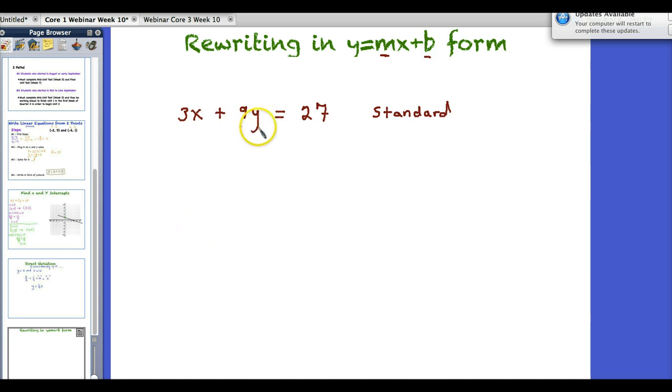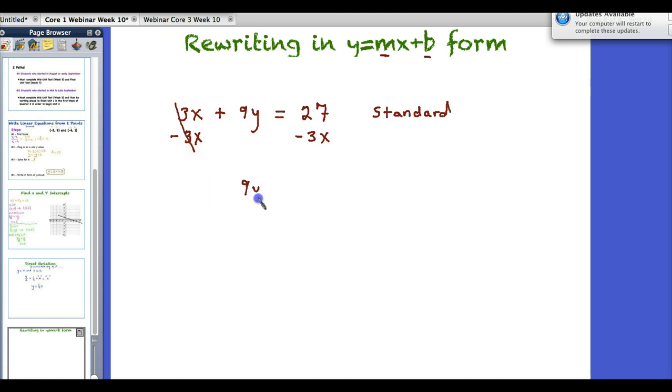So the way we would do it is we would isolate y. That means we would move everything over to the right side. First things first, you would subtract the 3x. You can subtract that term from the left side, which means we have to subtract from the right side. Well, 3x minus 3x is now gone.